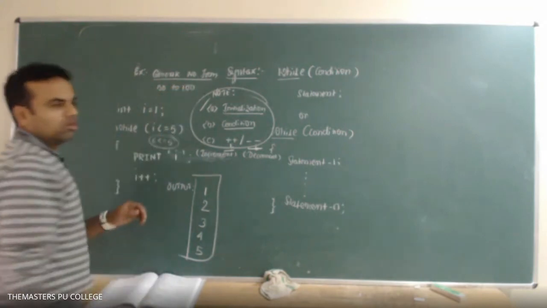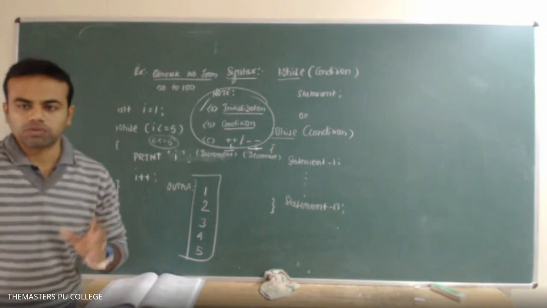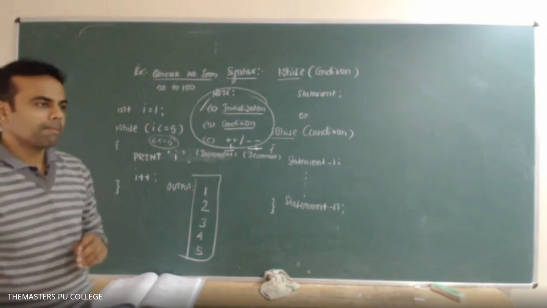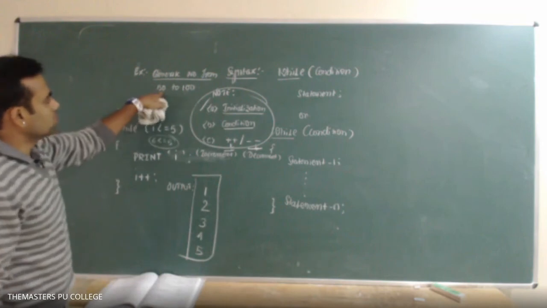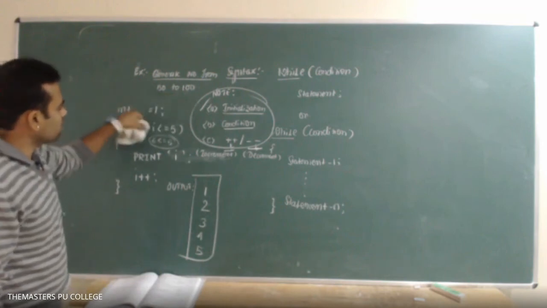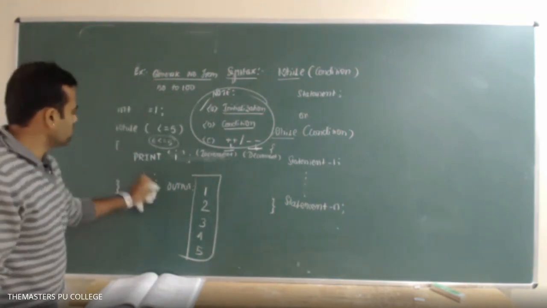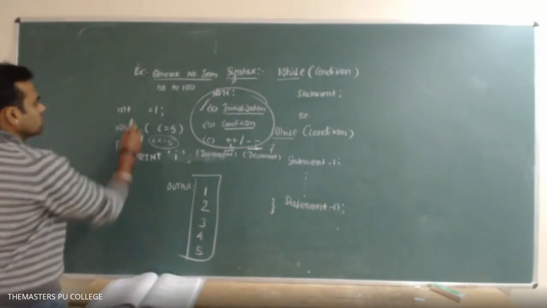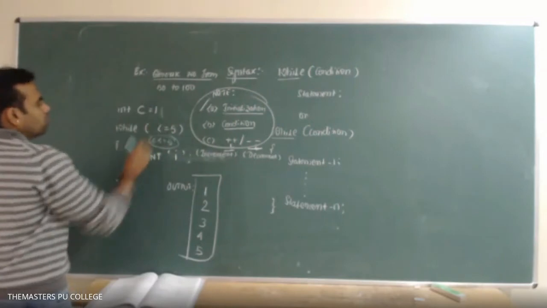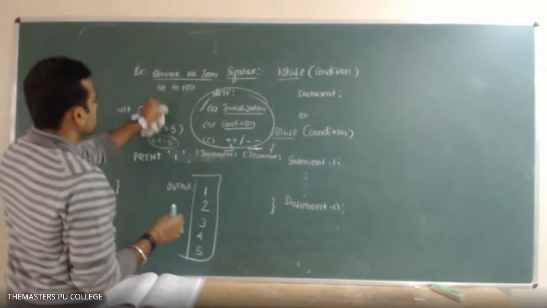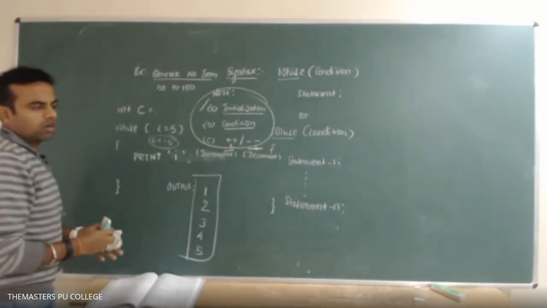So what should be the initialization value now? I will take another variable here, starting with c. What is the initialization value I need to take?